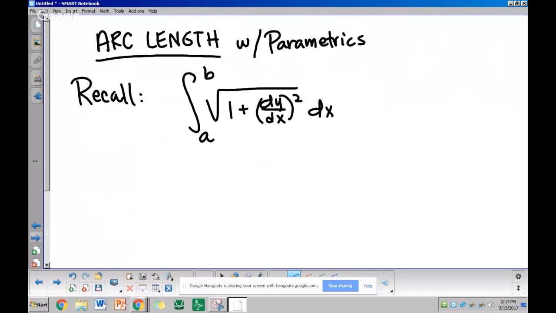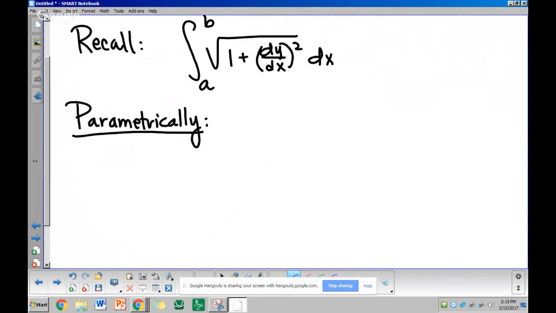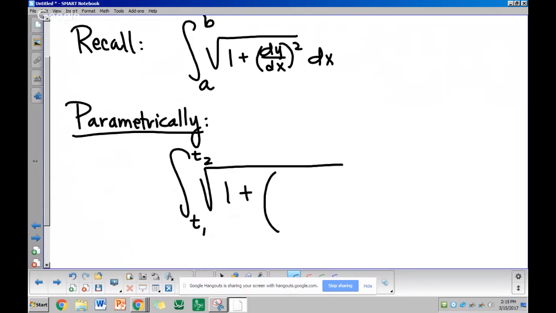This will be times t1 to t2. So it'll be the integral from time 1 to time 2 of the square root of 1 plus dy/dt over dx/dt squared. It would have to be dt, yeah.